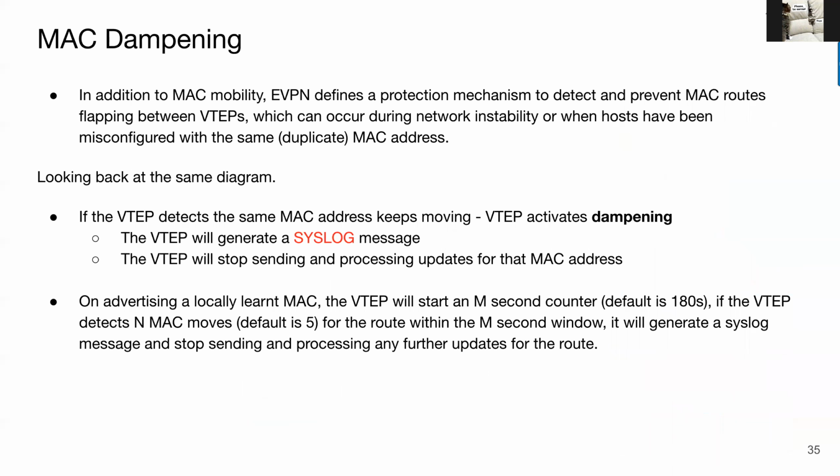So in addition to MAC moves, we also have a protection mechanism which detects and prevents MAC route flapping between VTEPs. So if we have duplicate MACs, if we have any sort of instability in our network, then we can see a whole lot of MAC flapping.